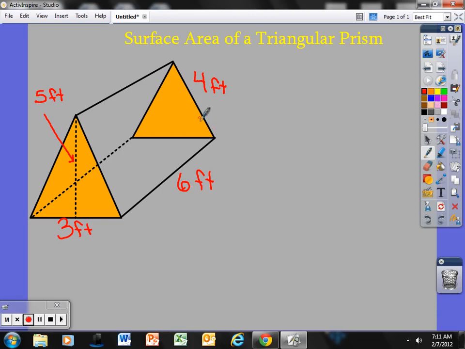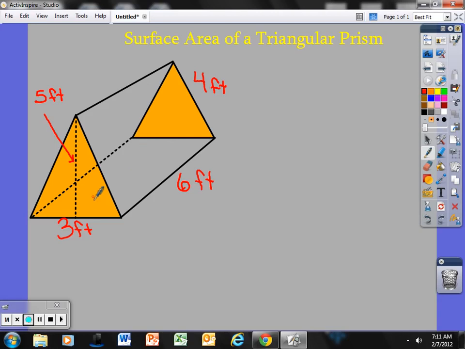For surface area, I need to find the area of all the faces on this three-dimensional shape. I see I have two triangles. It's kind of tough to tell, but I have a rectangle here and a congruent rectangle here. And then I have the bottom part, which is another rectangle. All the rectangles aren't necessarily congruent.